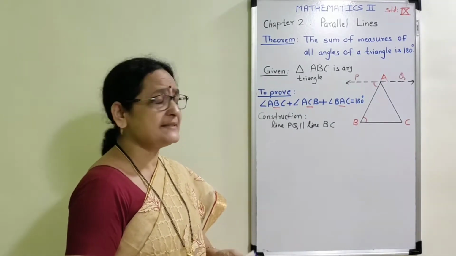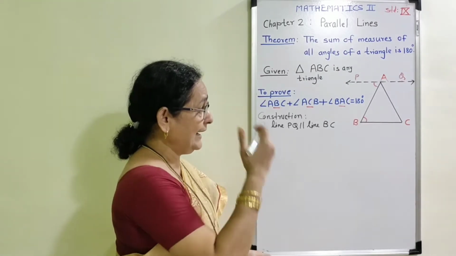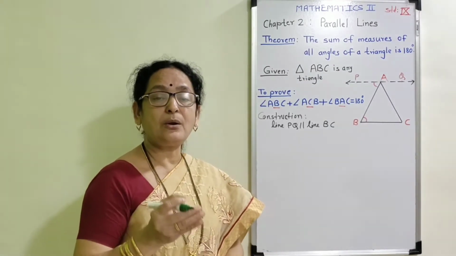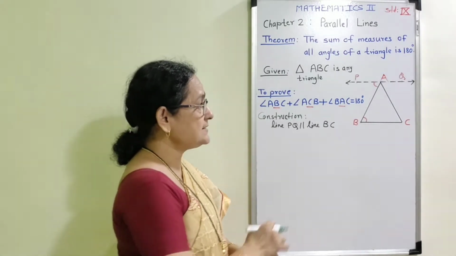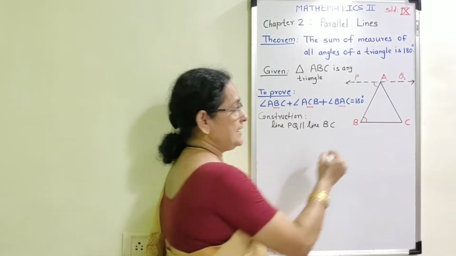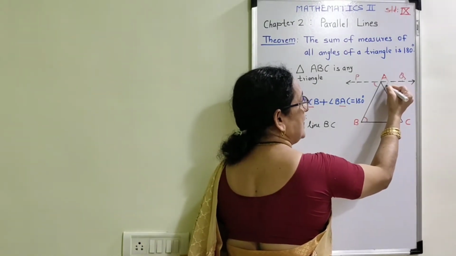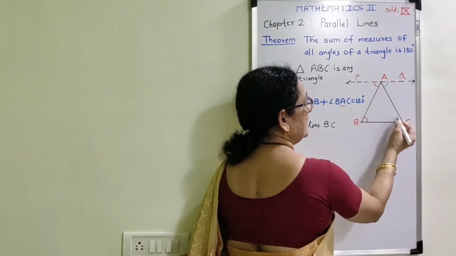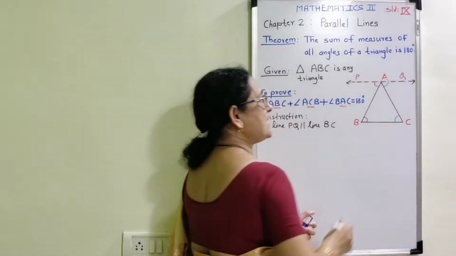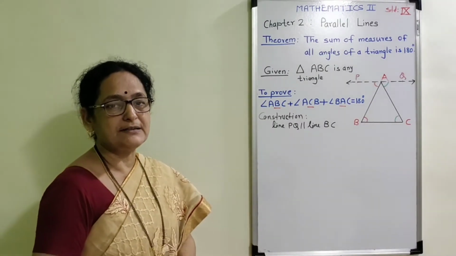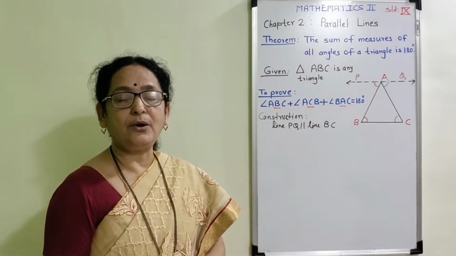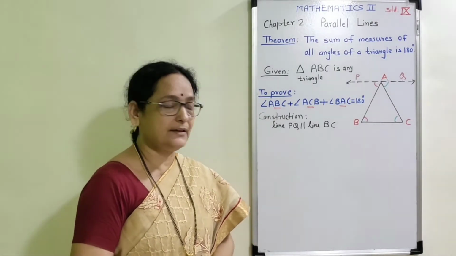Now again take the same lines and take AC as the transversal. I will get another pair of alternate angles. That is, line PQ is parallel to line BC and segment AC is the transversal. I am getting here this angle is congruent to this one. Now these two angles are also alternate angles. I will get here the second pair of congruent alternate angles.